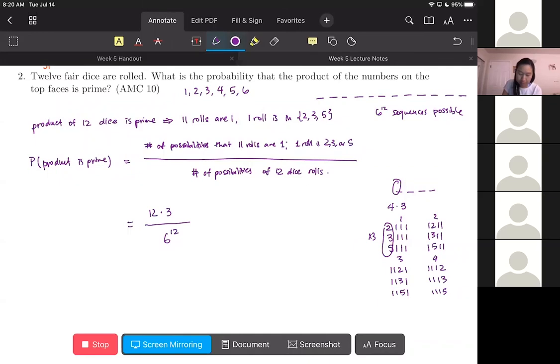So for 12 times 3, we have that for the numerator, and then 6 to the 12th in the denominator. So now we can actually simplify this. So we can see there's actually a factor of 6 times 6 here. So this is 6 squared. 1 over 6 to the 10.